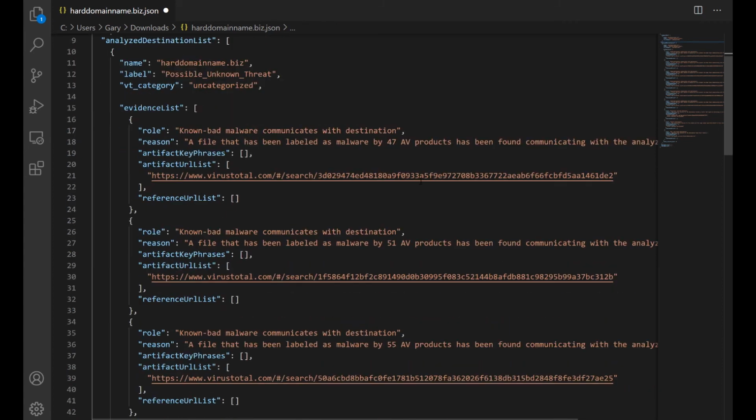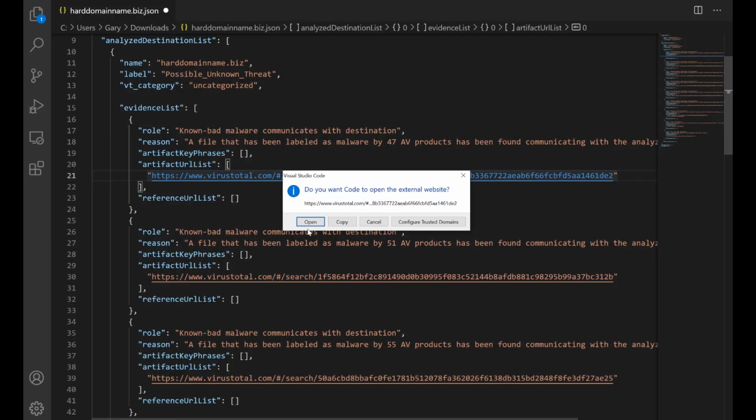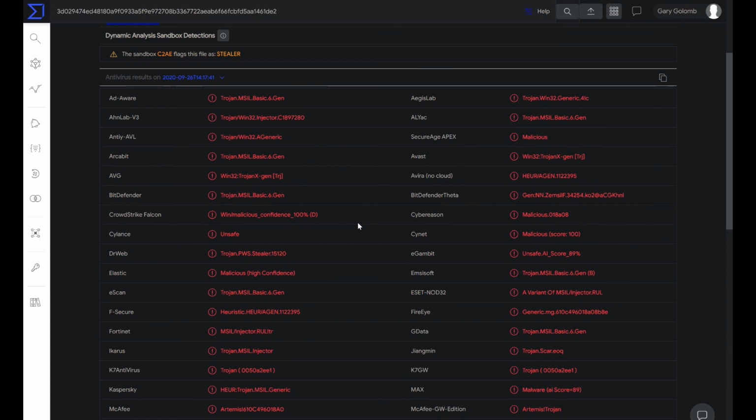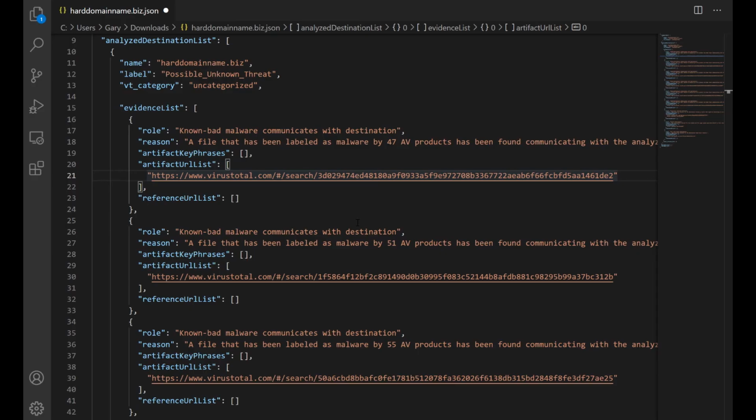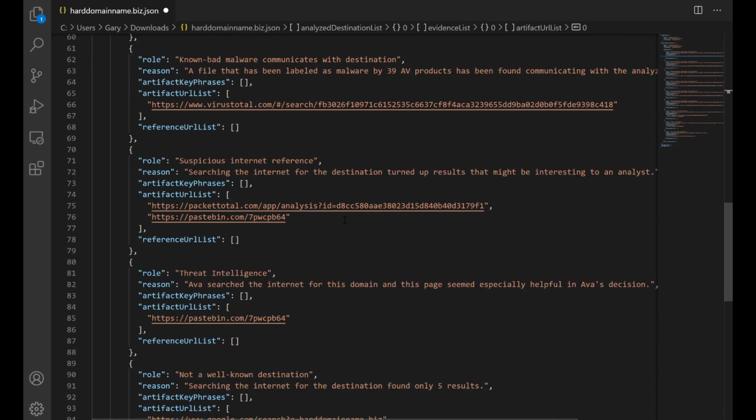But there are some hits in VirusTotal. So we do see some malware, and I think we can control click here, bring this up, and see what kind of malware comes up. It's malware. It's bad stuff. Going back in here, we have a few samples of malware that communicate with that domain.